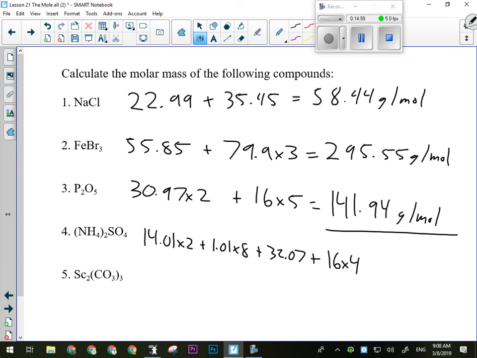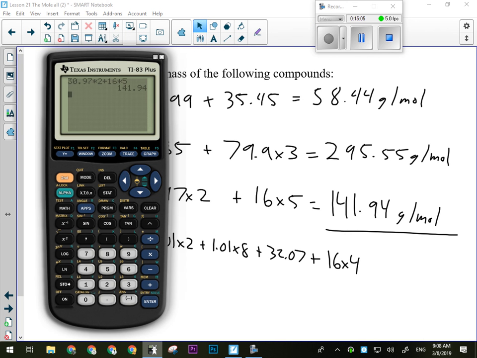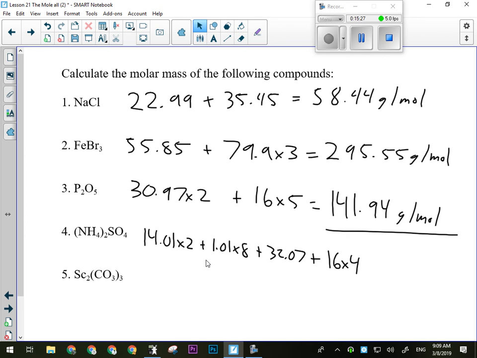So the brackets, you really have to keep track of everything, and you have to do this again, element by element. So we're going to have 28.02, that's the nitrogens, plus 8.08, that's the hydrogens, plus 32.07, that's the sulfur, plus 16 times 4. All right, so we're looking at 132.17 grams per mole.